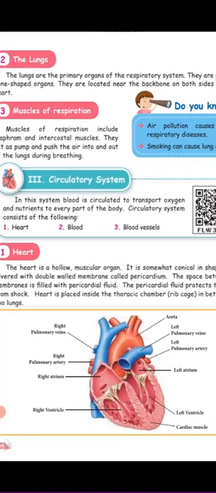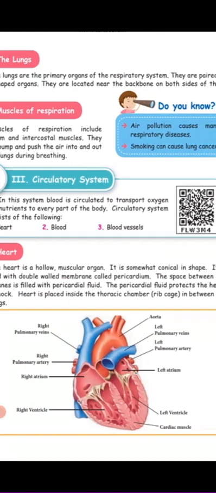If you get any shocking news, how do we react? We have a faster heartbeat, more pressure or more tension. To avoid that, we have the pericardial fluid. It protects the heart from shock.